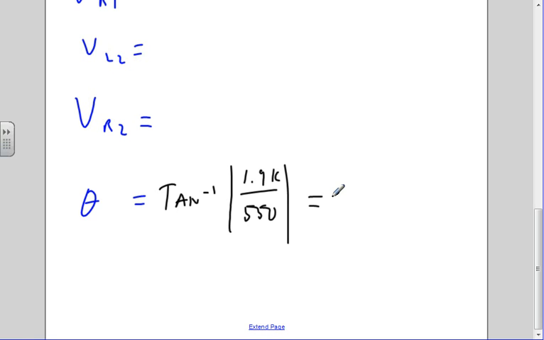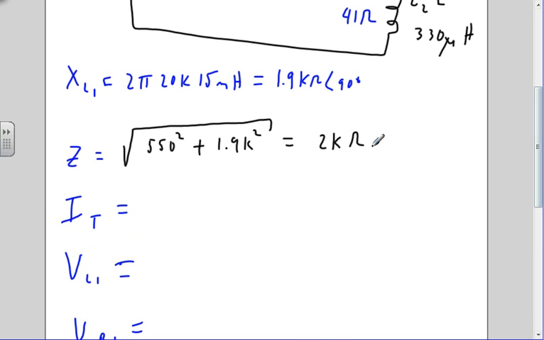Had to do it twice, but 74 degrees. Way to go. Degrees? Yeah, it didn't look like it. No, it wasn't 1040. All right. Angle 74 degrees.